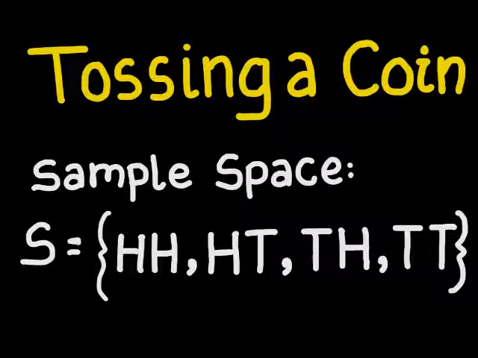Let us take an example. The example is of tossing a coin, and this is repeated twice. So here the sample space consists of the outcomes HH, HT, TH and TT.